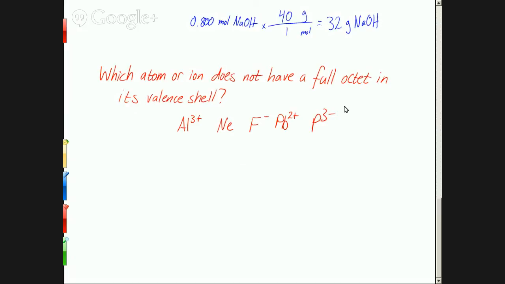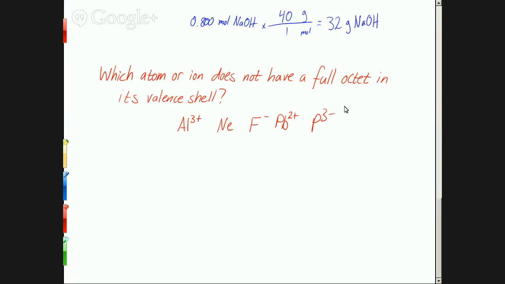How many valence electrons does aluminum have in its neutral state? 3. Valence 3, right? So if it loses those 3, it's got a full octet because it's lost everything on one shell, so the next shell down must be full. What's next? Neon, noble gas, got 8 electrons, full shell, done.